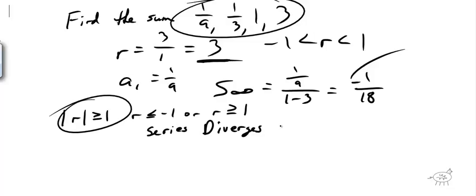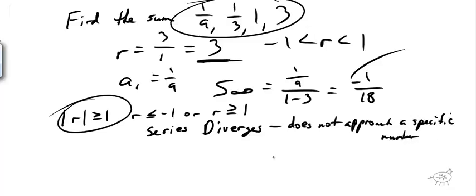Okay? Diverges. And so basically diverges, in loose English terms, is it basically does not approach a specific number.